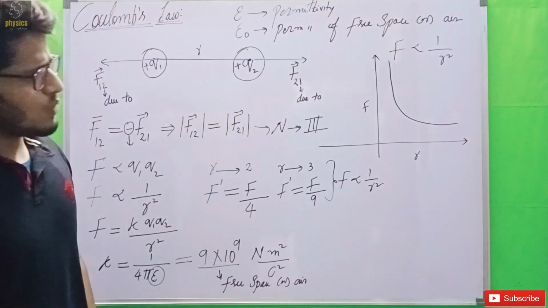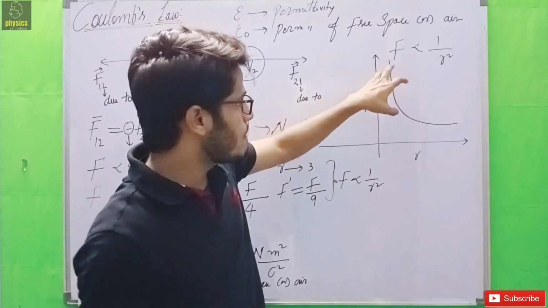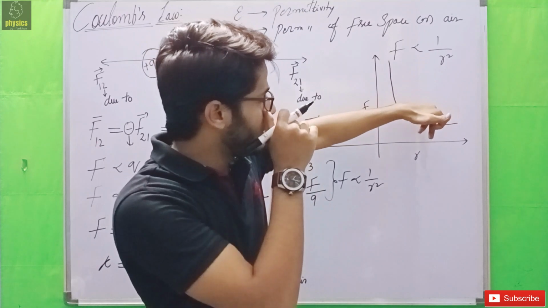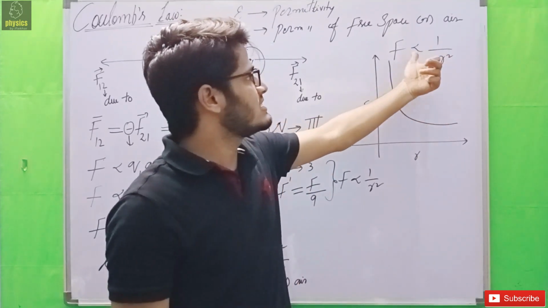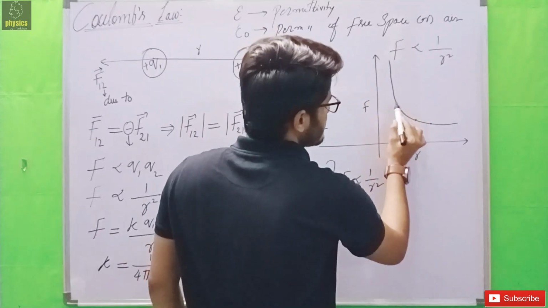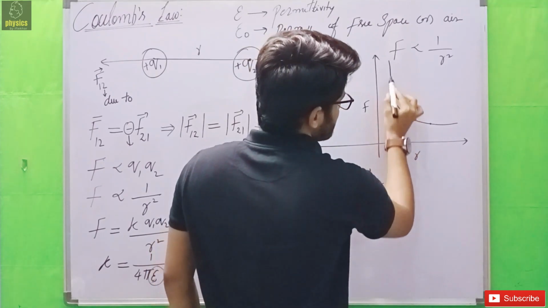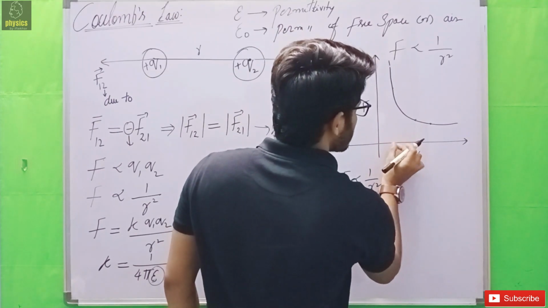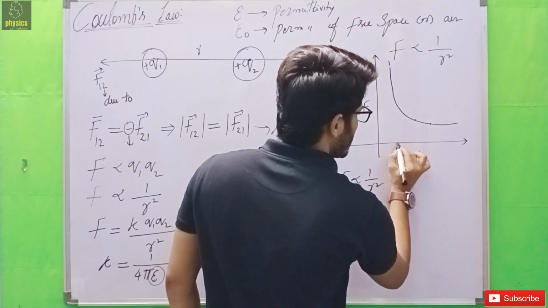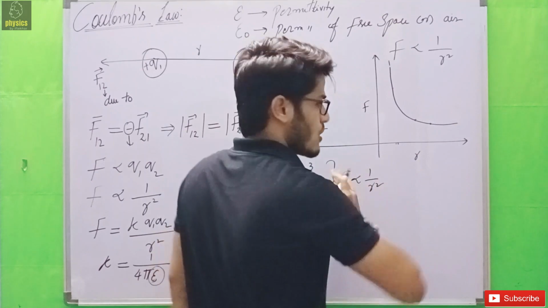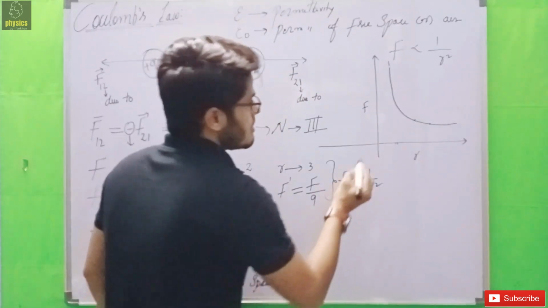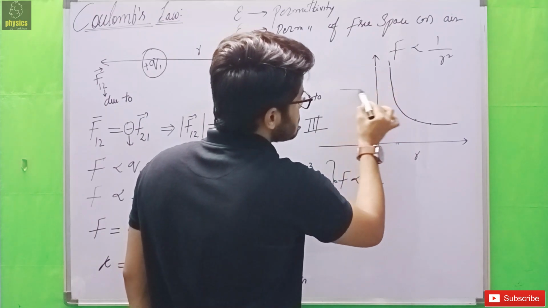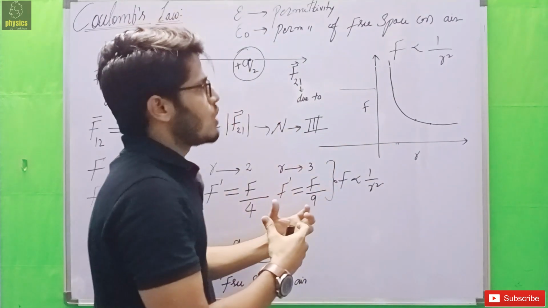Now how do we check whether this particular line perfectly represents this equation? Let's see. Initially the distance was here. If I increase the distance by a small amount, just moving a little bit along the x-axis, you can see from this graph that the force decreased by a bigger amount.